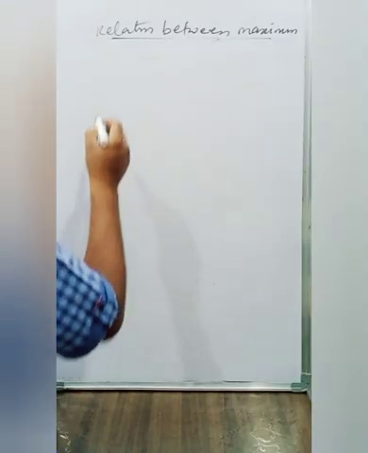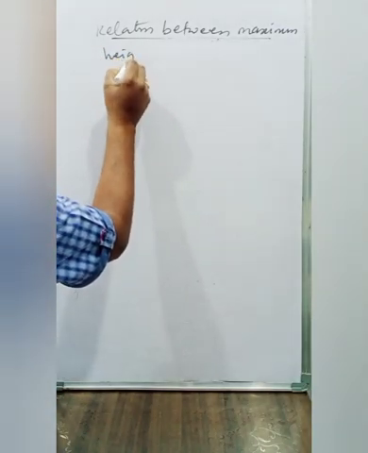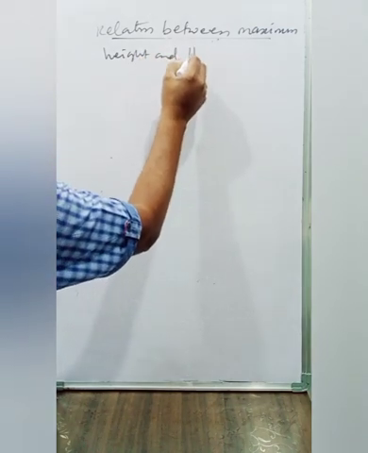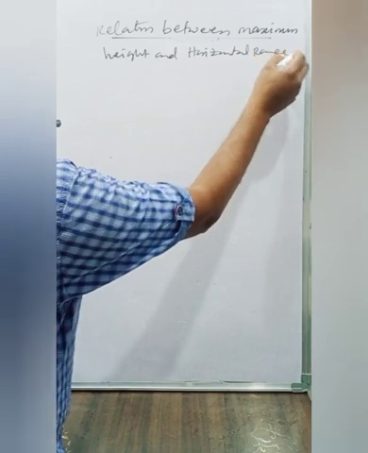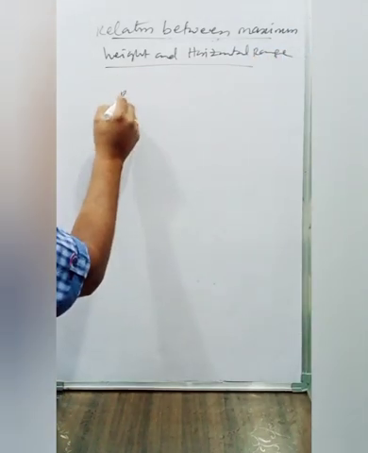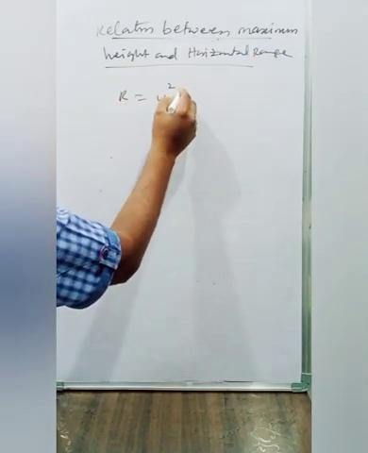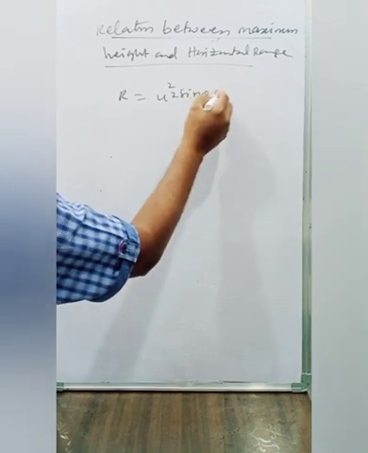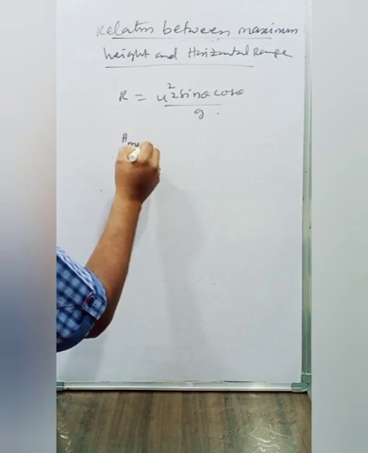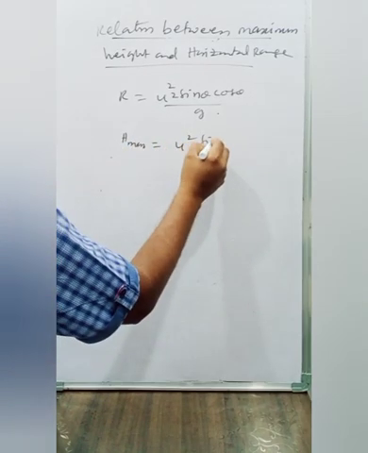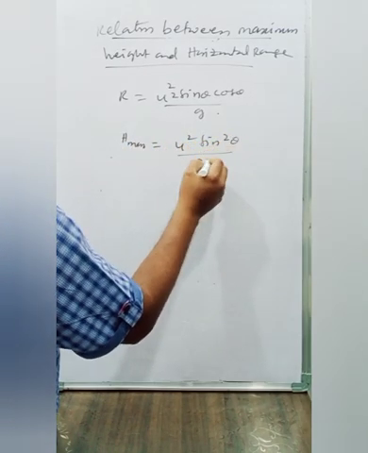Relation between maximum height and horizontal range. We know that horizontal range is equal to u square sin 2 theta by g. H maximum is equal to u square sin square theta by 2g.